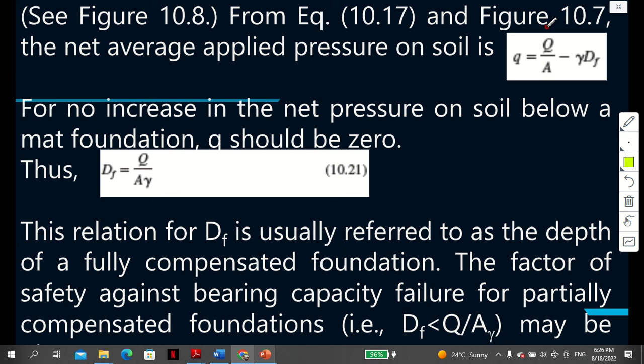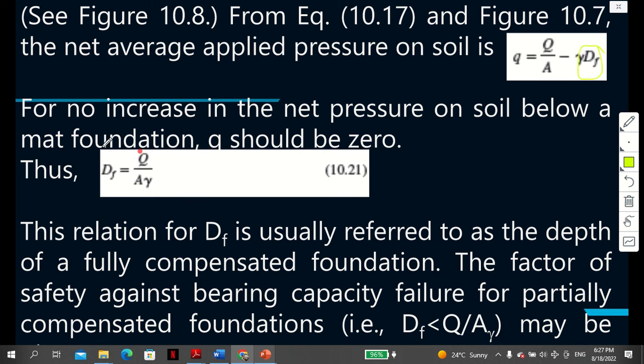So for no increase in the net pressure on the soil below mat foundation, Q should be 0. So if you don't want to increase the net pressure, then this value is 0.